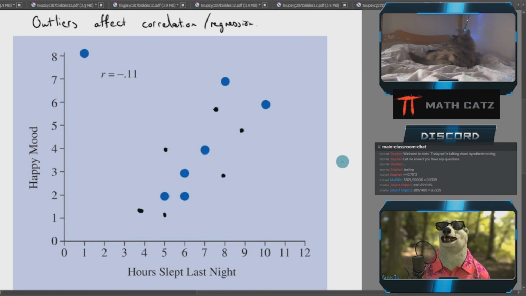Now, the issue of when something is an outlier, when I can exclude it, is a difficult topic, a little beyond, well, a lot beyond the scope of these videos. And it is also a little bit subjective.